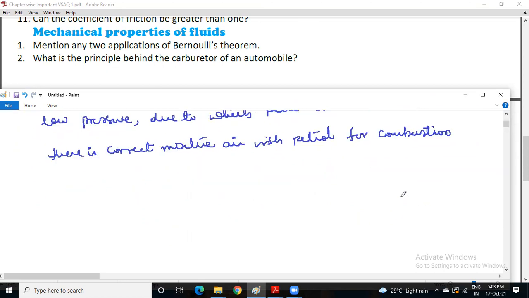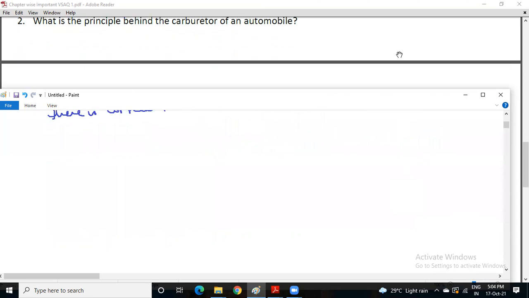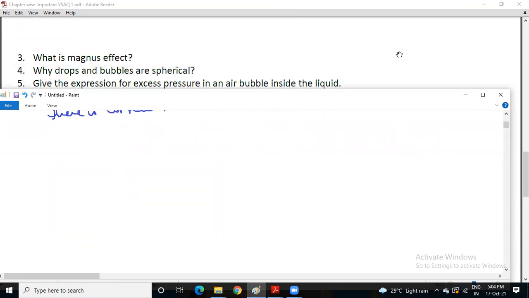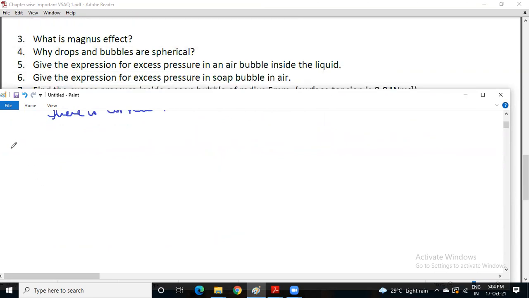Let us move to question number 3. What is Magnus effect? When a ball moves, it also spins.